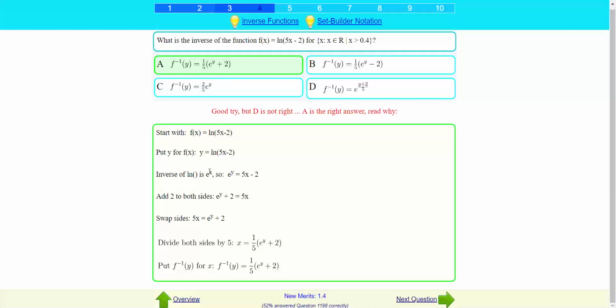What? e to the power of y, which equals... where's the log, man? e to the power of x. The inverse of log is e to the power of x.